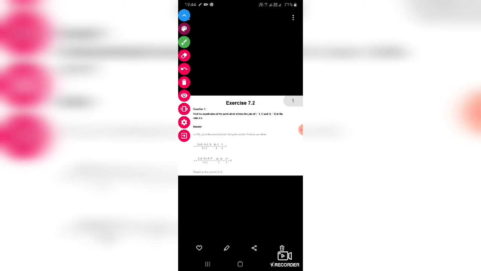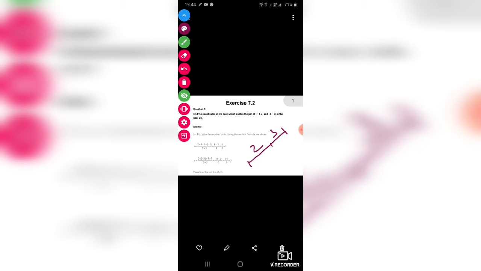Now class, you can see the first question. First question of exercise 7.2. Class, you can see that it is given that the point divides the line joining the points (-1, 7) and (4, -3) in the ratio 2:3.